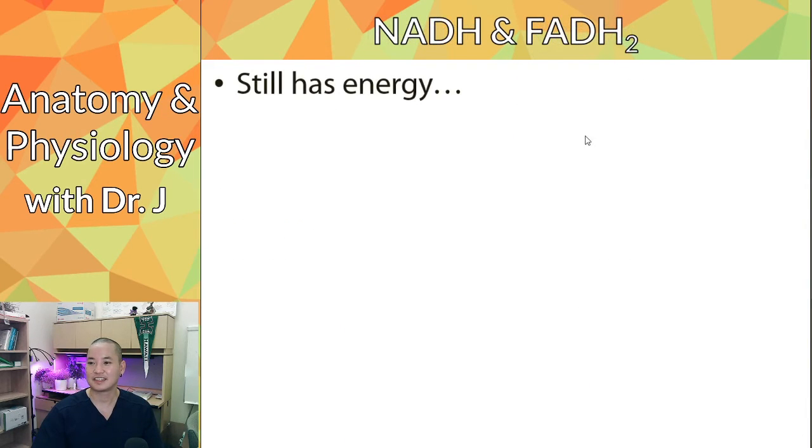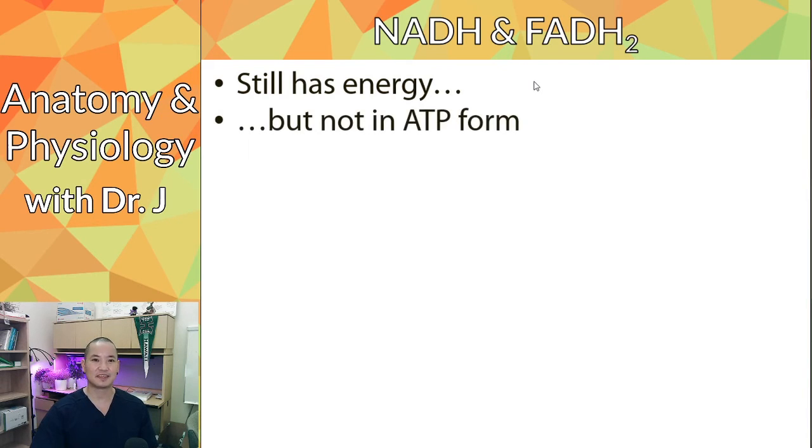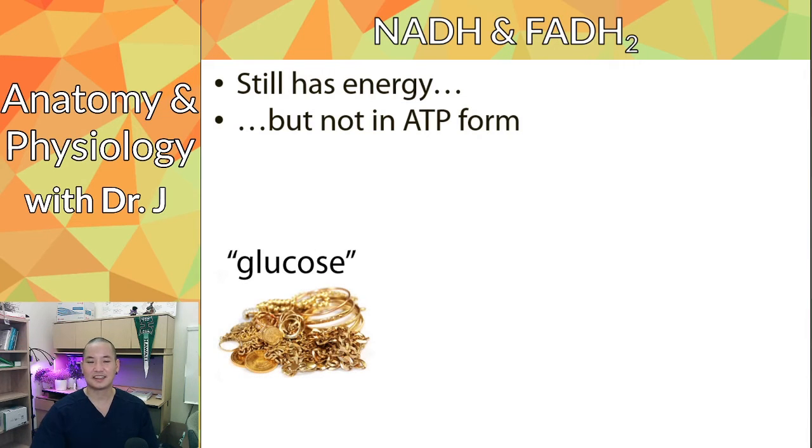Now let's see. So again, NADH and FADH₂. Why didn't your cells generate just ATP from the start? Well, NADH and FADH₂ still have energy, but not in ATP form, and they're more stable than ATP. We went from glucose, which has a lot of energy compared to a single ATP molecule. To use a currency and value analogy, glucose is like having gold, right?